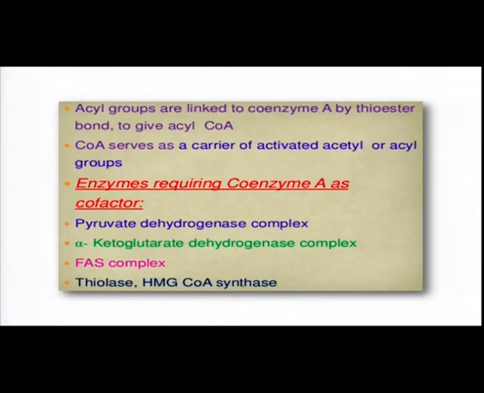Now, what are all the roles of coenzyme? Here you have the enzymes requiring coenzyme as a cofactor, especially pyruvate dehydrogenase complex, alpha keto glutarate dehydrogenase complex, then the FAS complex, thiolase, HMG CoA synthase.